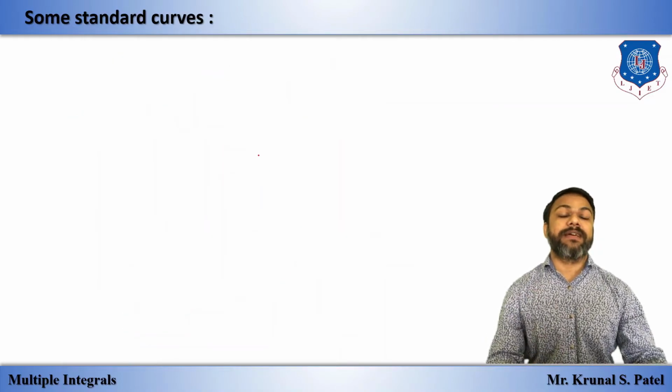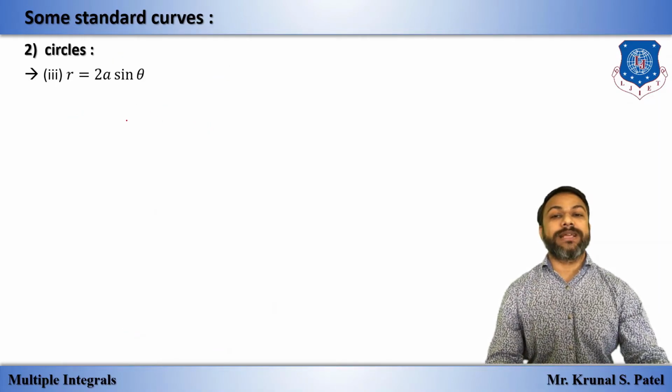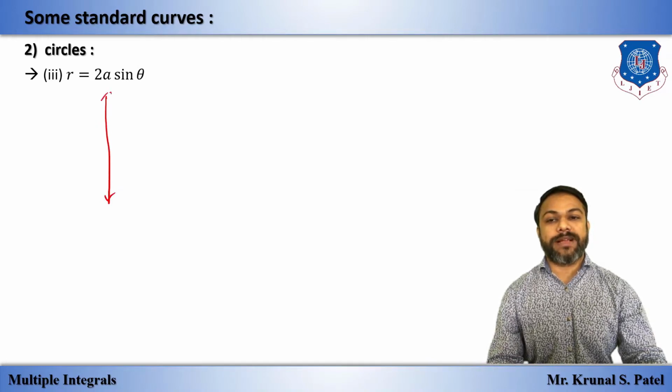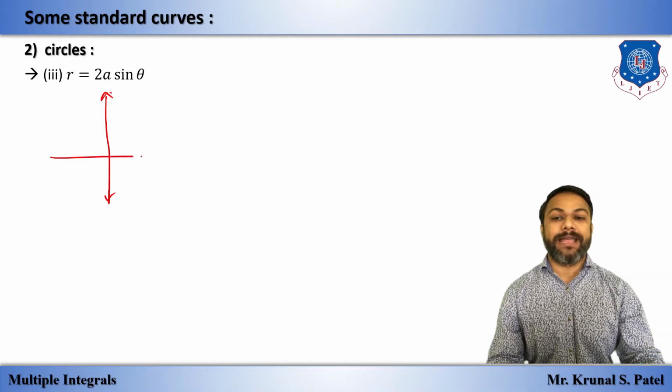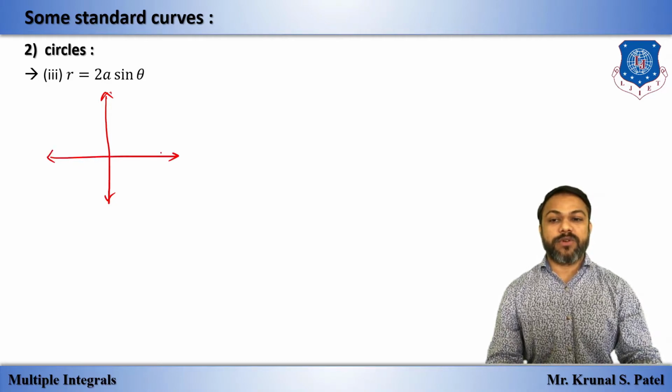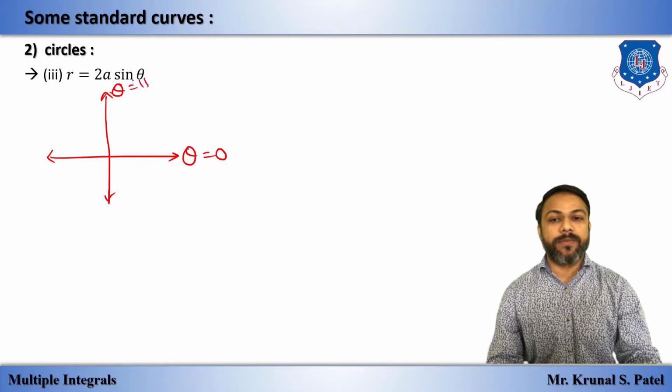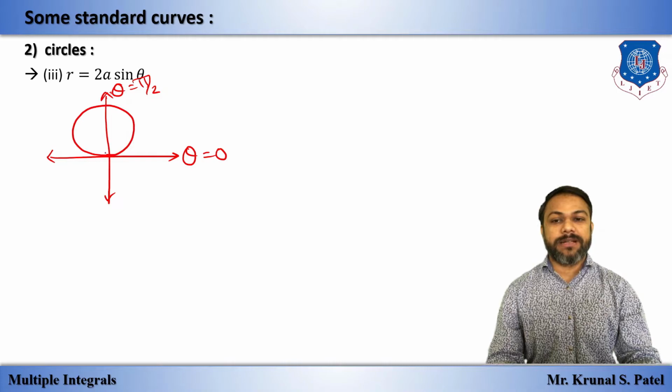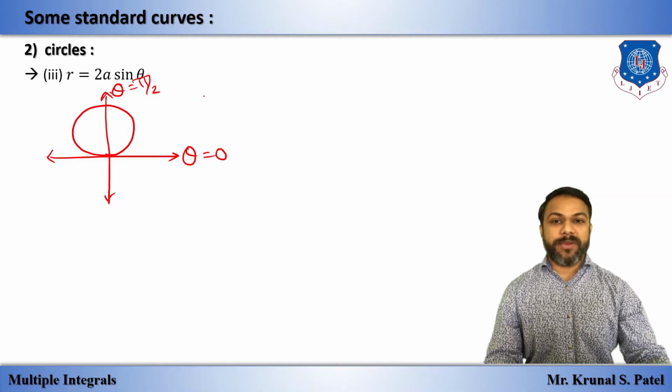Same way, we have the circle r is equal to 2a sin theta, and this looks like x square plus y square is equal to 2ay. That means at theta is equal to 0, and this is theta is equal to pi by 2. So we have this circle as we have discussed in the previous lecture.